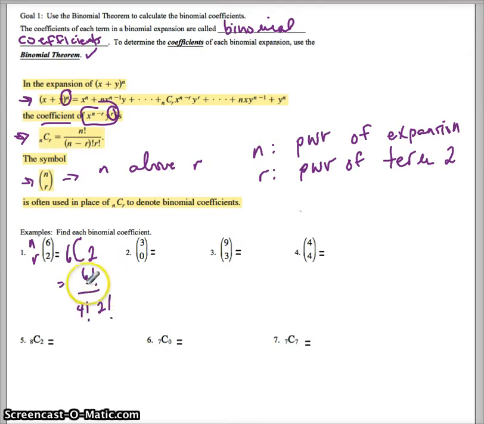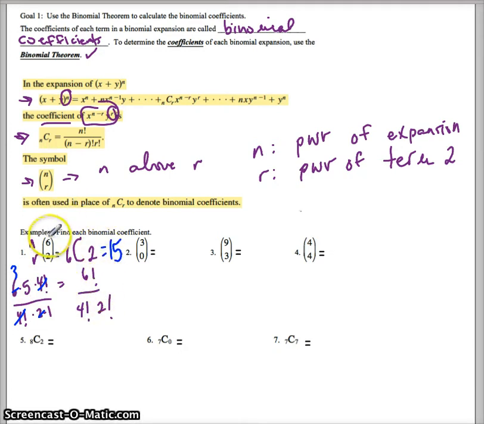Okay, so we know the shortcut to expanding. We would expand 6 times 5 times 4 factorial, divided by 4 factorial, times 2 times 1. We know the 4 factorials will cancel. The 2 will cause the 6 to reduce to a 3, and that gives us 3 times 5, which is 15.